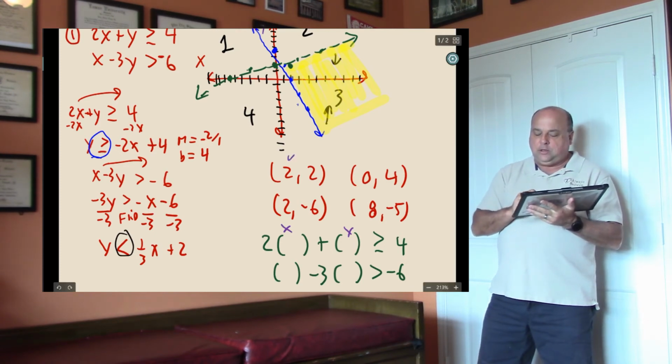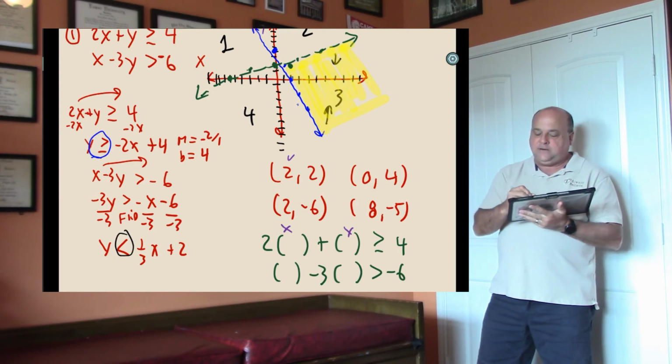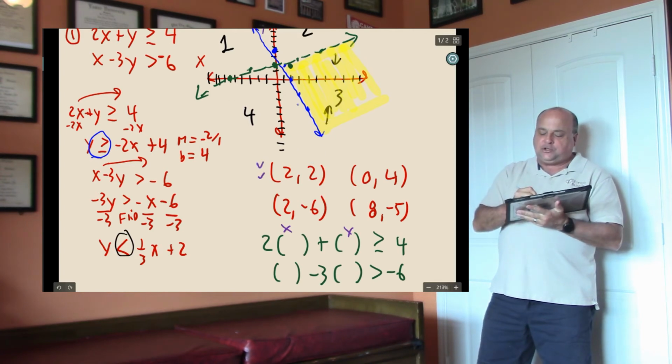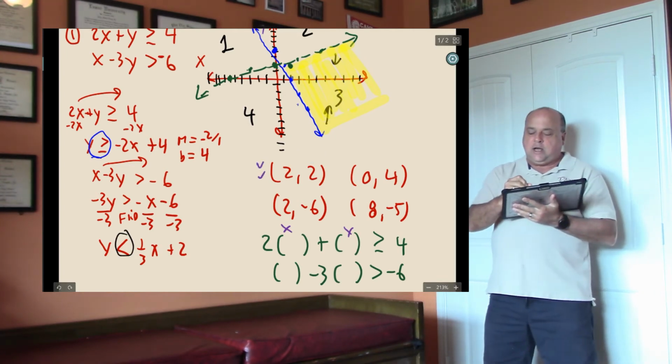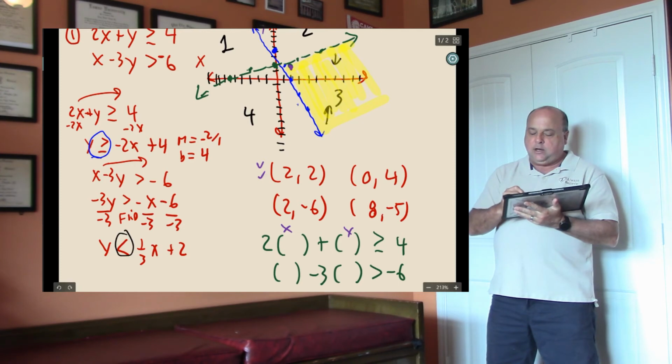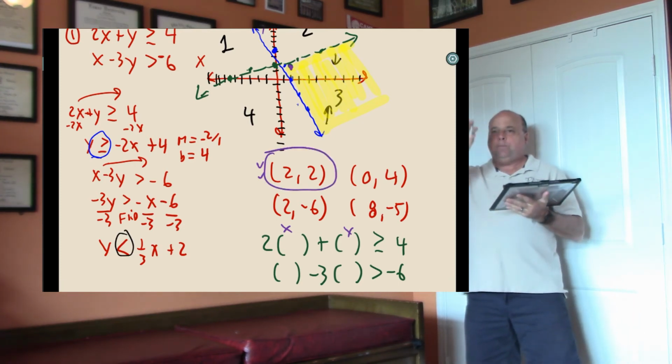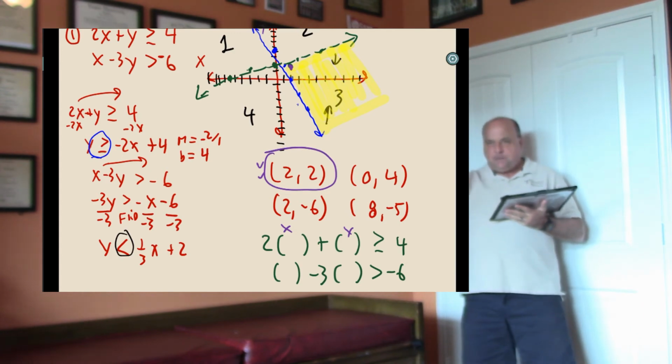And then if I put (2, 2) in here, I would have 2 minus 6 is negative 4. Negative 4 is greater than negative 6. That one's true, okay? So this ordered pair is true in both of them. So (2, 2) is going to end up being about right here. That one would make both of them true. So if I put that ordered pair into those equations, it makes them both true.